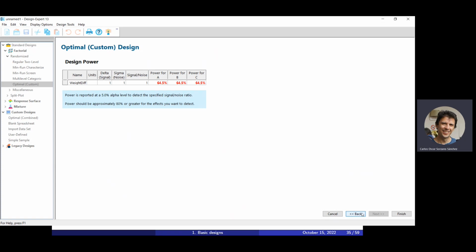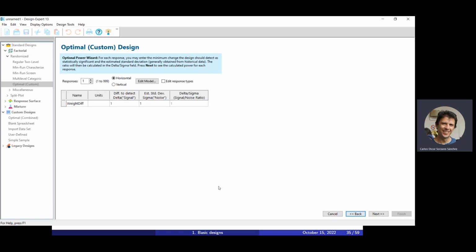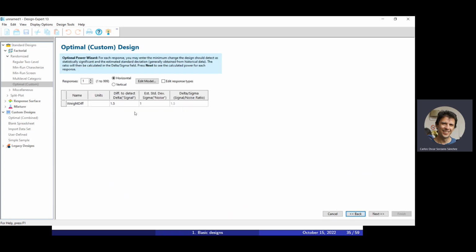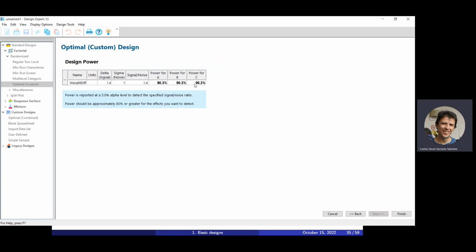And we saw that we had 99.6% for changes twice the level of noise. For a more decent, more normal power, we have something like 1.5, a little bit less, or 1.4 probably. So at 1.4, we have 90%.